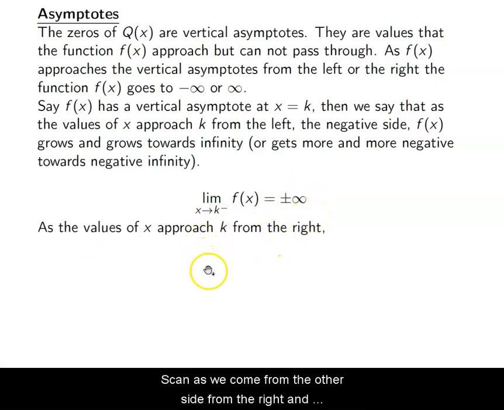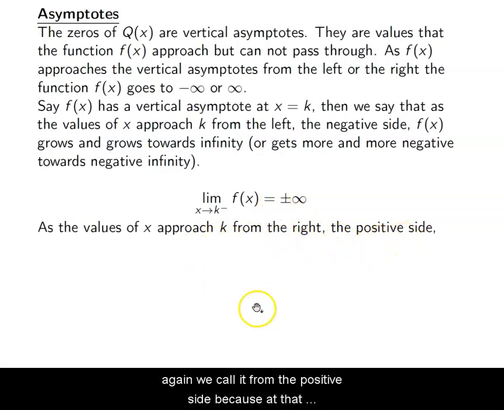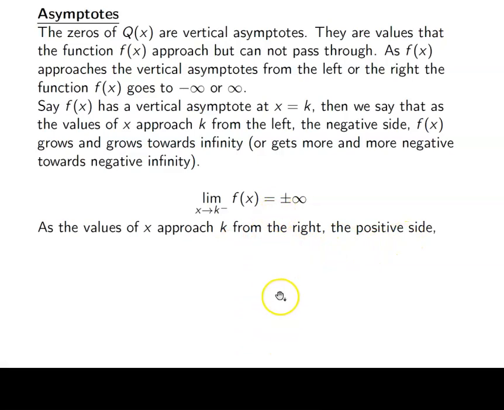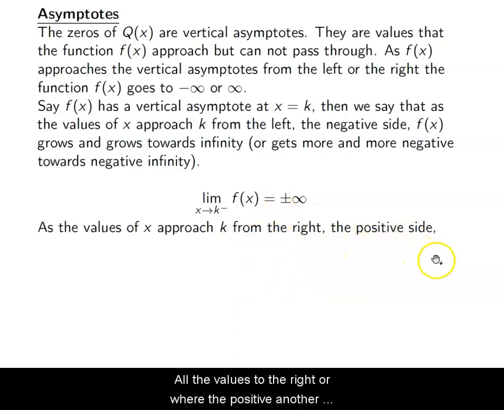Okay, and as we come from the other side, from the right, and again we call it from the positive side because at that vertical asymptote, all the values to the right are where the positives are. Now there could be negatives as well, but the positive values lie on the right of that line, no matter where that line is.